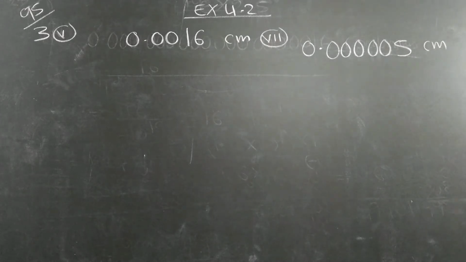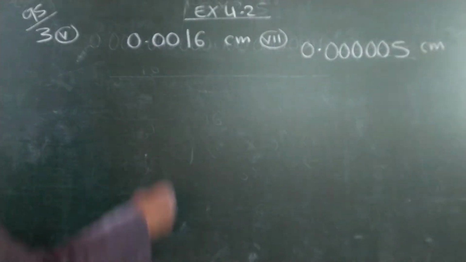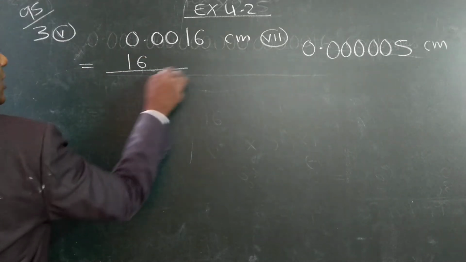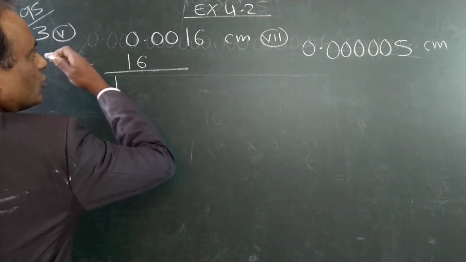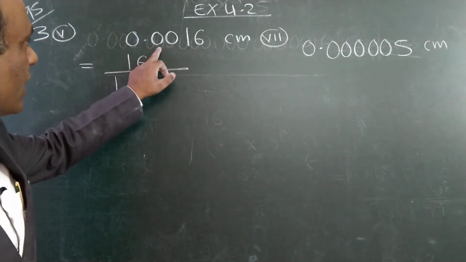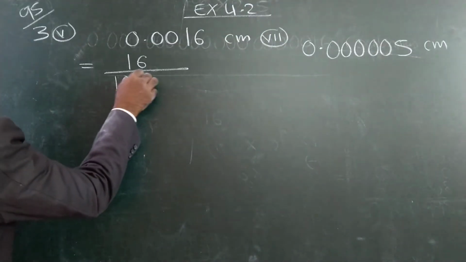Students, do it. All of you look at here. 16 by 1, first remove the decimal. After decimal, 1, 2, 3, 4 digits, so 4 zeros.